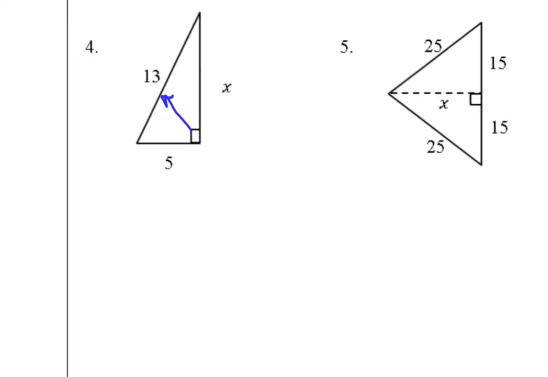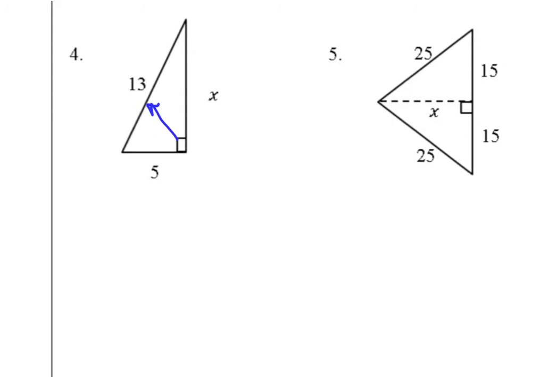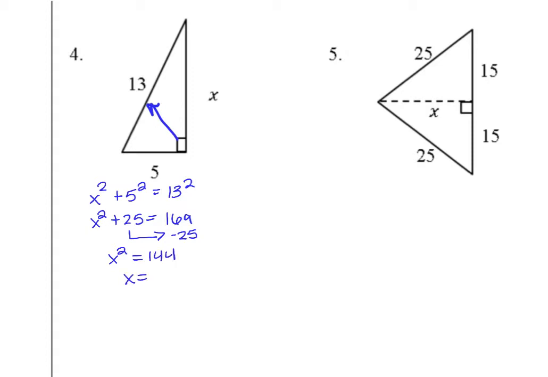So we have x squared plus 5 squared equals 13 squared. That's x squared plus 25 equals 169. Then you subtract the 25 over. 169 minus 25 is 144, giving us an answer of 12 for x.